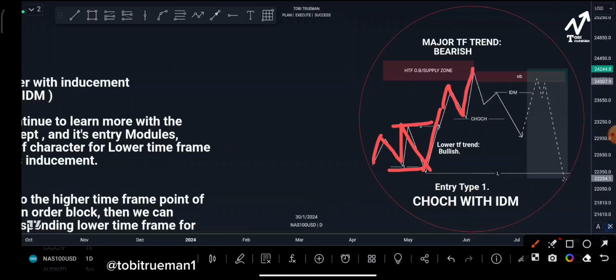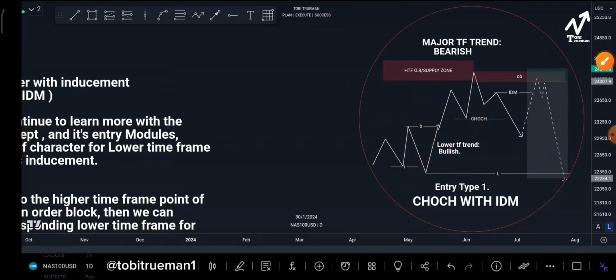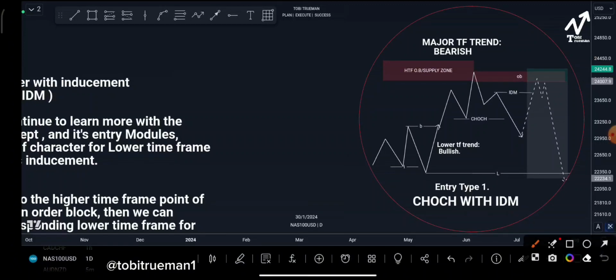But when price taps into the higher time frame zone, be it order block or supply zone, what we expect is this low point, which should have been our inducement to continue our buying movement in the 1 hour time frame, automatically would then become a change of character if price comes to it, if this zone is still holding, except maybe price now invalidates it, then we can look for what will happen next.